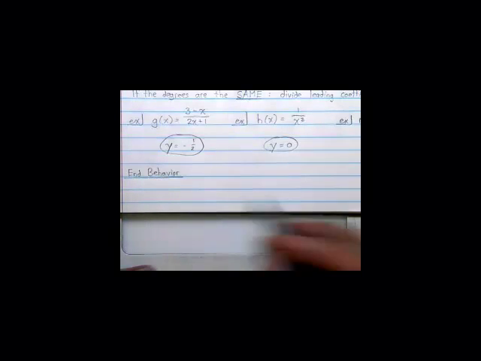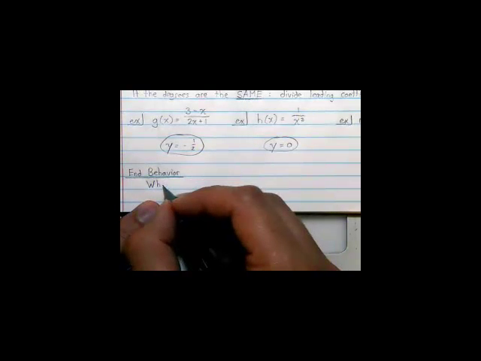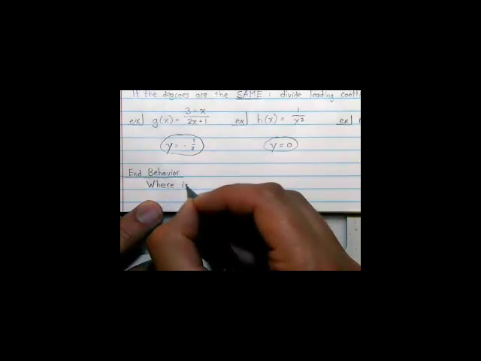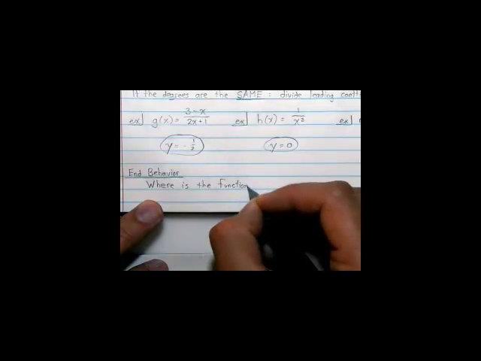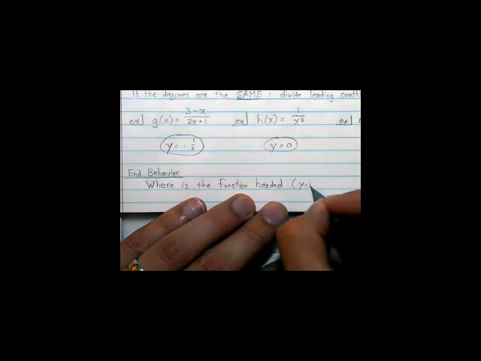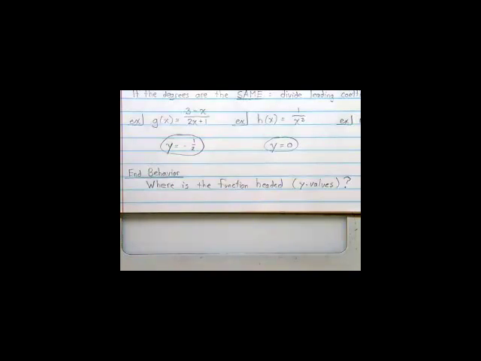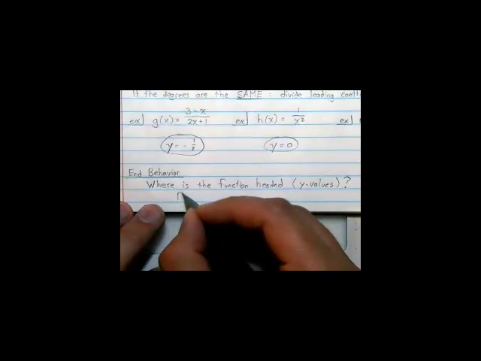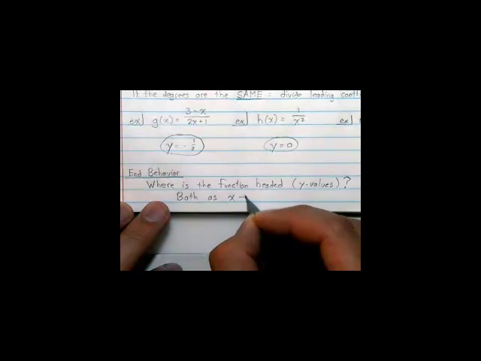But let me just write down the definition here first, and then we'll go to the next page, and I'll show you what I'm talking about. So if you want to think of it as where's the function headed, the answer is going to be a y value, and we're going to consider both as x, and the little arrow here is approaches.